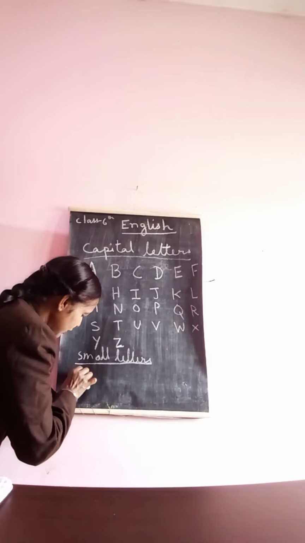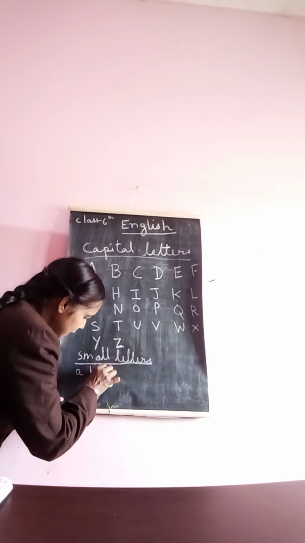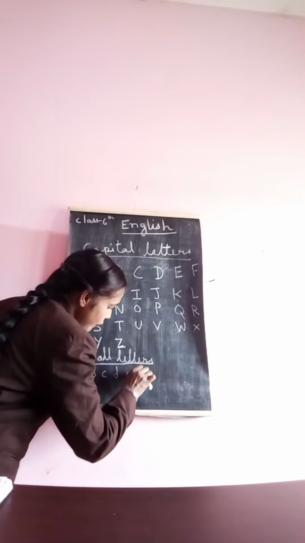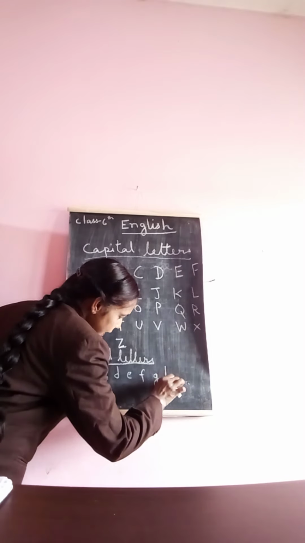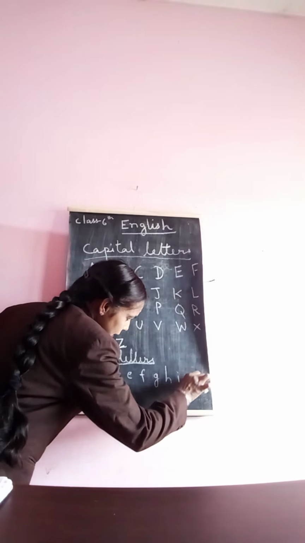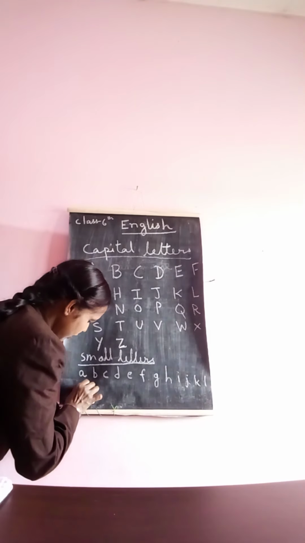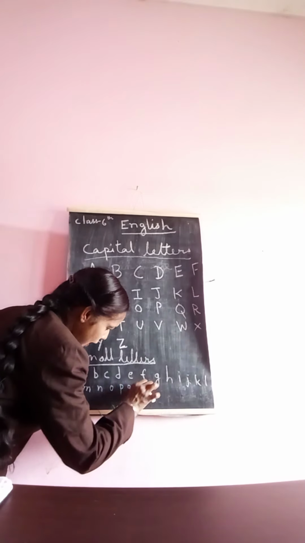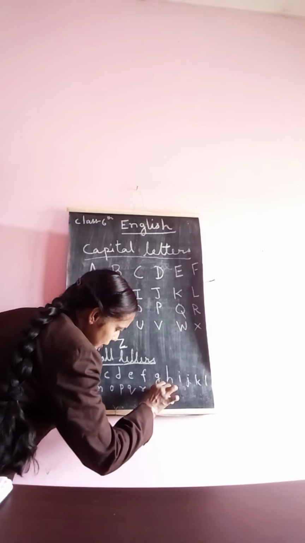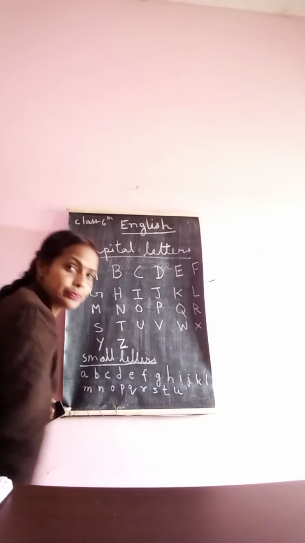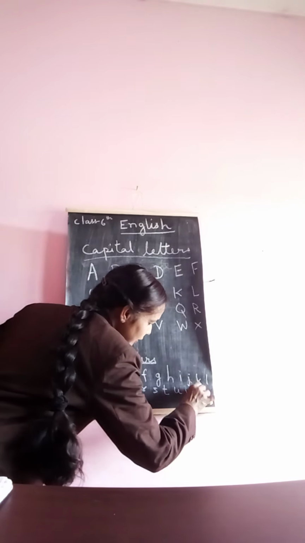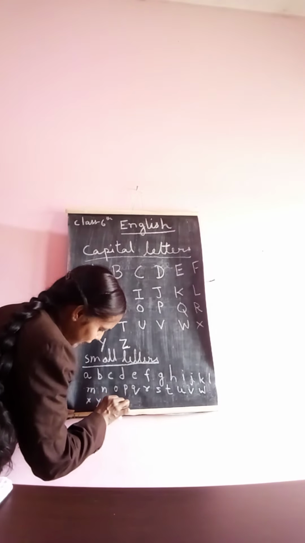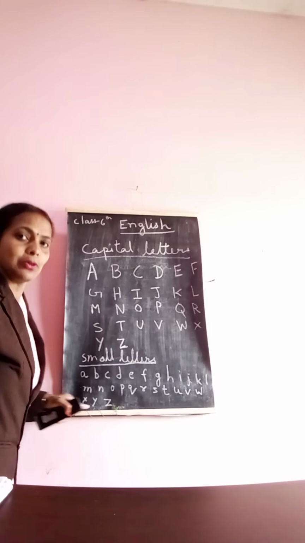You know, a, b, c, d, e, f, g, h, i, j, k, l, m, n, o, p, q, r, s, t, u, v, w, x, y, z. Nowadays for Z, some people say G also.